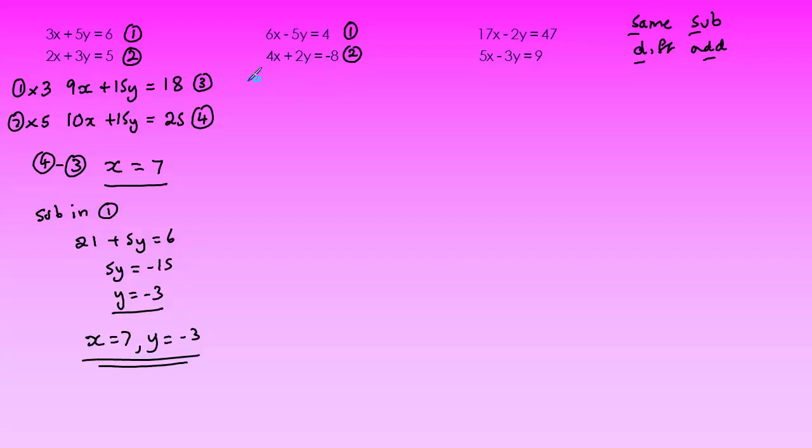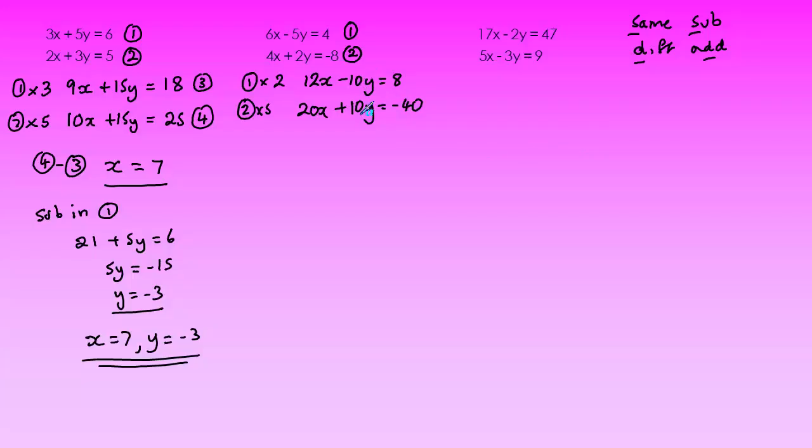So, if I do equation 1 and multiply that by 2, that gives me 12x minus 10y is equal to 8. The bottom equation by 5 gives me 20x's, add 10y's is negative 40.